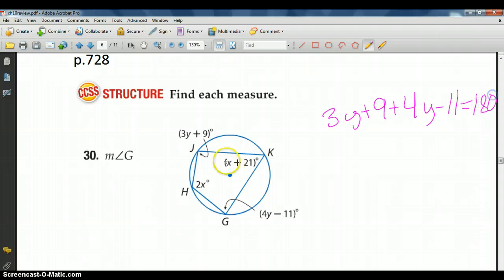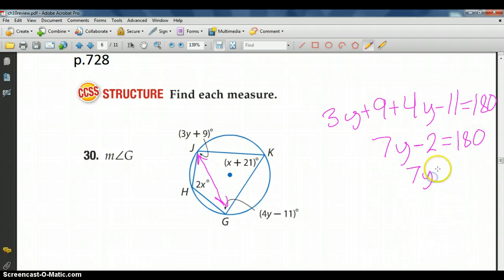Those two angles are supplementary. So we get 7y minus 2 is equal to 180. Add 2 to both sides. 7y is equal to 182. Divide both sides by 7. Y is equal to 26.